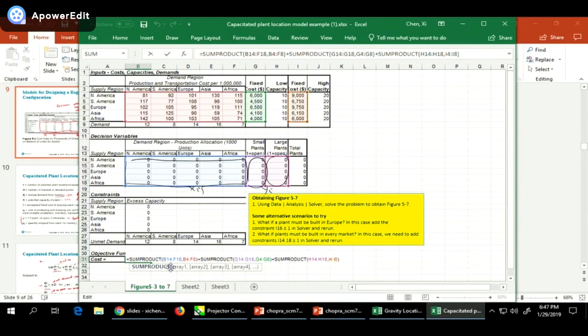So first is array 1, which is B14 to F18. This is our Xij values, multiplied by B4 to F8, which is our Cij values. So this first term is the summation over Cij multiplied by Xij.